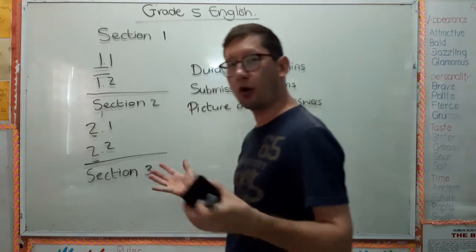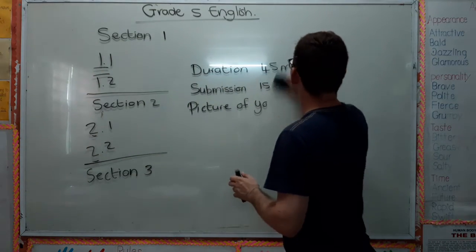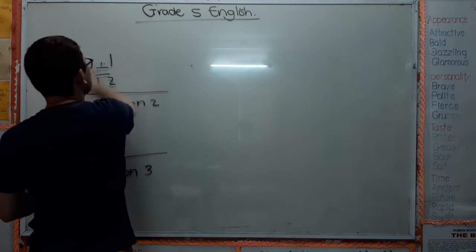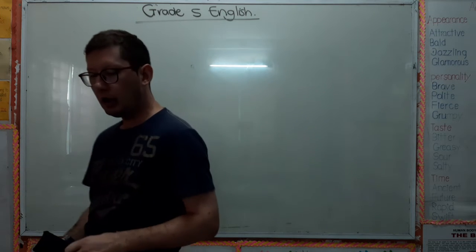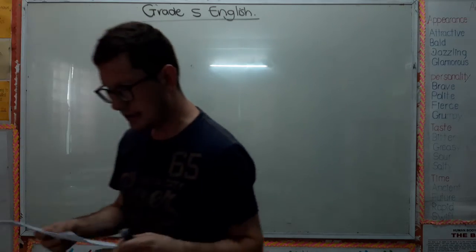So this is pretty much the rules of the test, and let's continue with what you can expect in the test, which is the questions. Okay, so today we will start with the English test. I have already given you some clues on what to expect in the English test. So let's have a look.